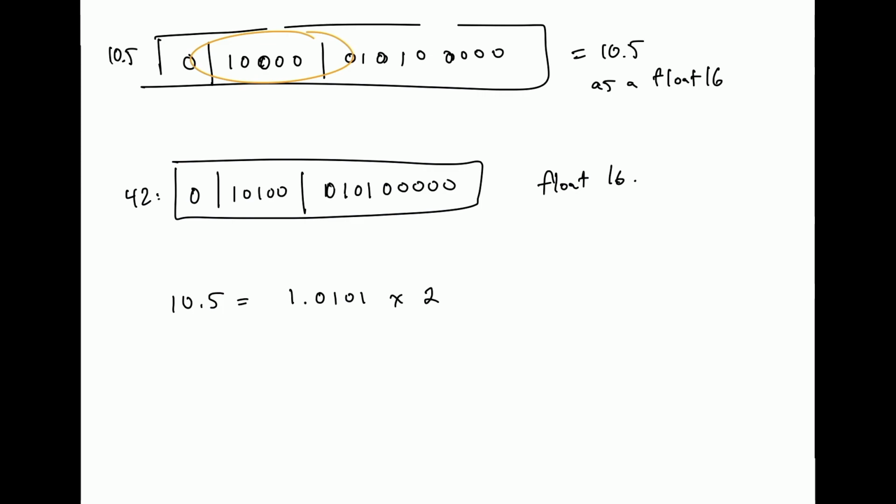But it only counts as a 1. Why? Because of the bias. The encoded value is 15 bigger than the actual value, and why that's a good thing will be clear in a moment. Then, what's the exponent here?